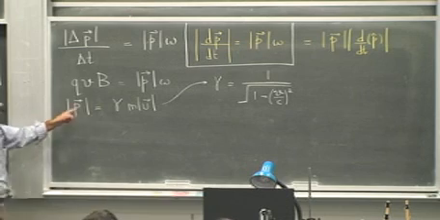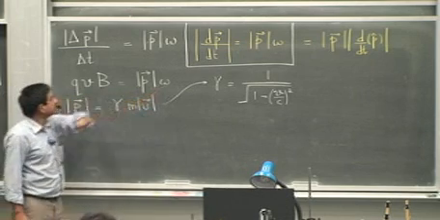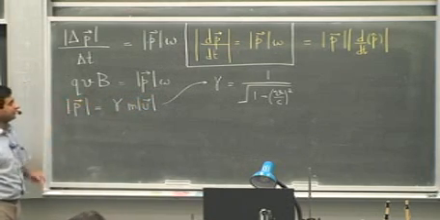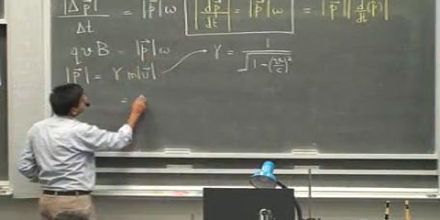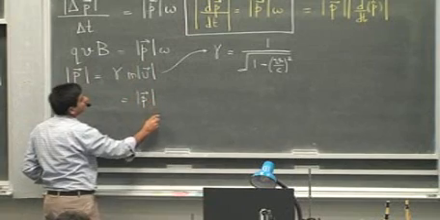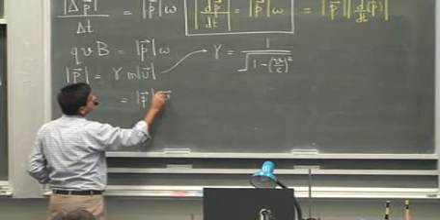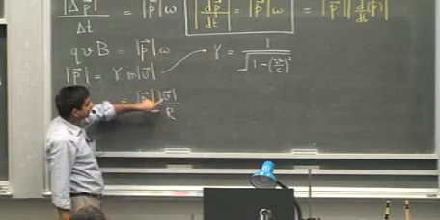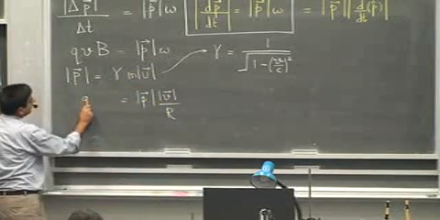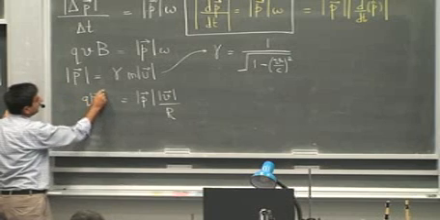So this is the momentum of the particle multiplied by the angular speed, which is related to qvB. Now omega, I can express in the following form: v over r. Okay, the angular velocity is v over r. This is qvB.